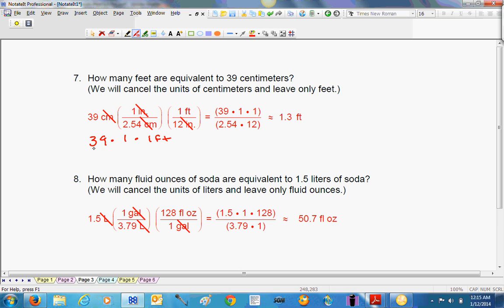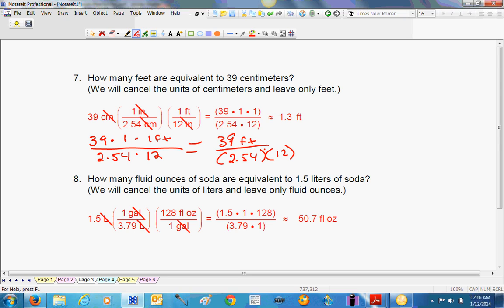And here on the bottom, 2.54 centimeters are gone times 12, inches are gone, and the only thing that we have left is 39 over 2.54 times 12 feet.